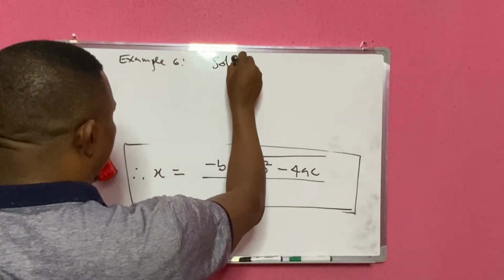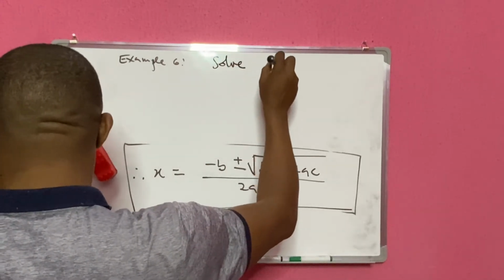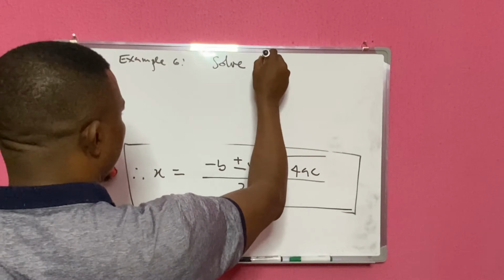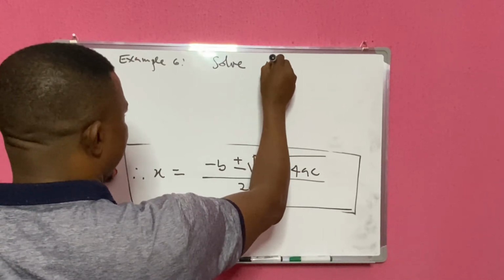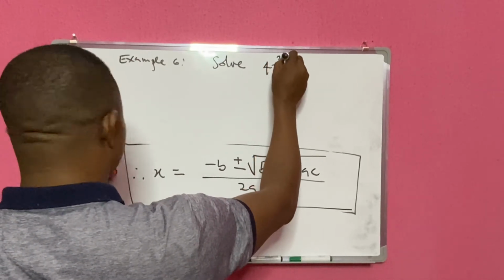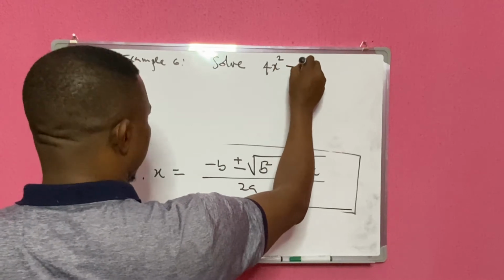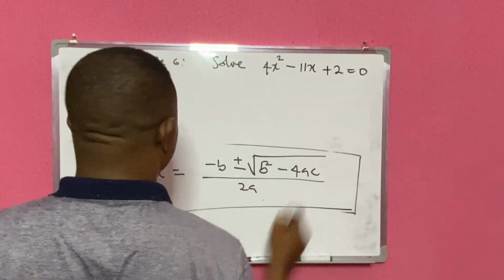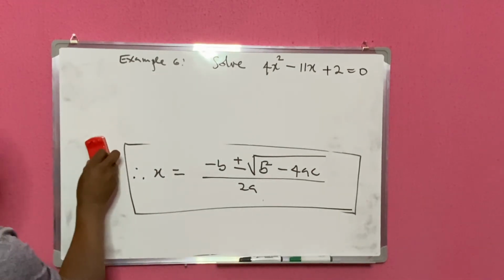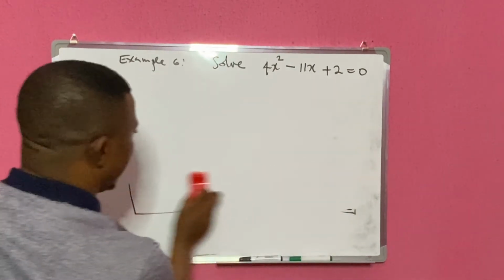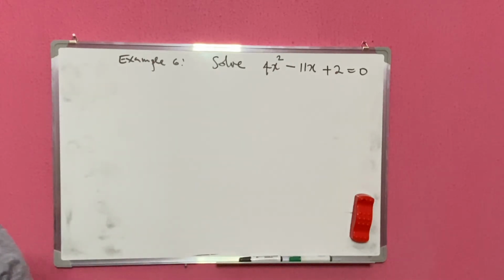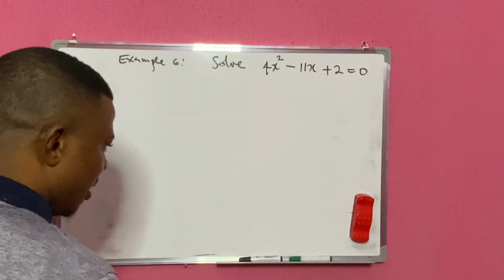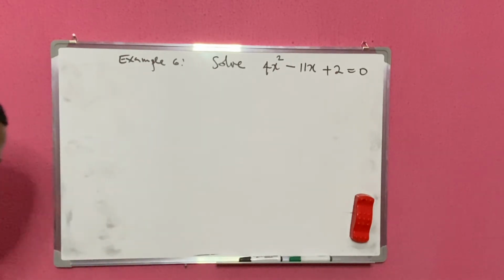Solve 4x squared minus 11x plus 2 equals 0. This one requires a calculator.